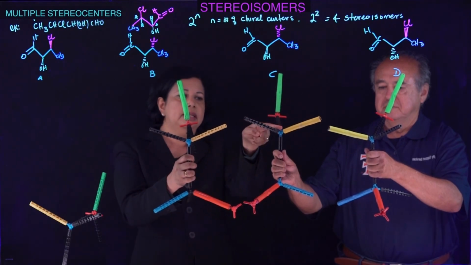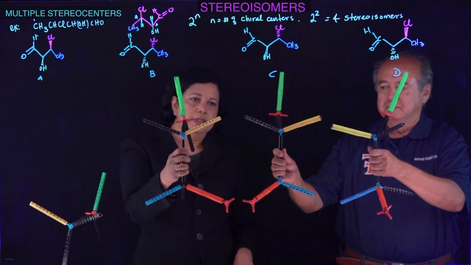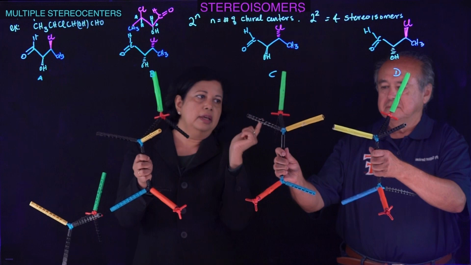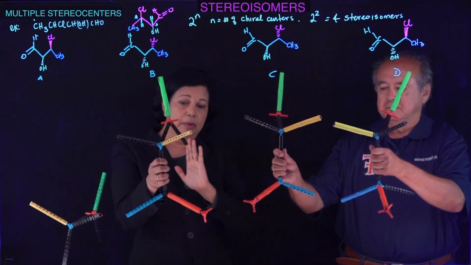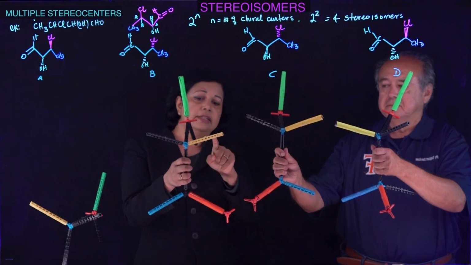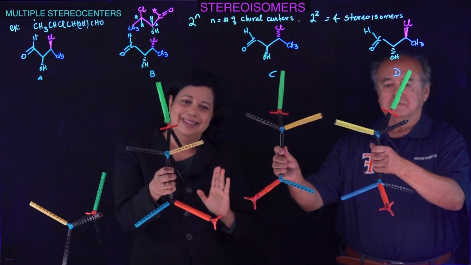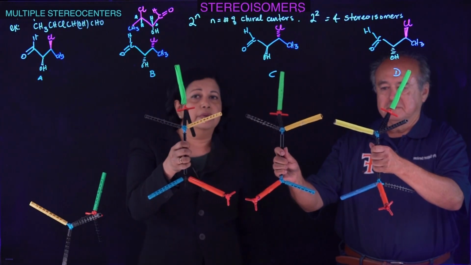This is the same, this is inverted. Therefore, it's not a mirror image. But at the same time, they're both stereoisomers because everything is connected to the exact same things in the exact same order. So the molecule is the same except for the spatial orientation of these two groups. That's the only difference. Okay? So these are stereoisomers, but they're not mirror images.